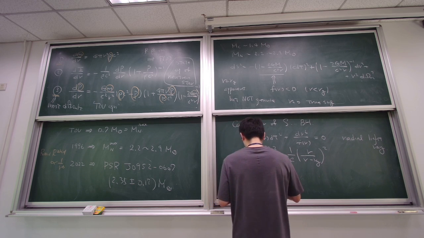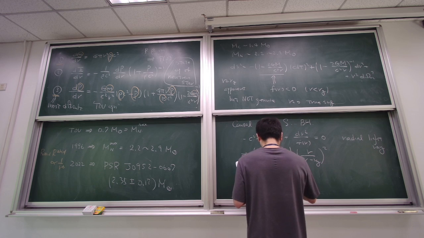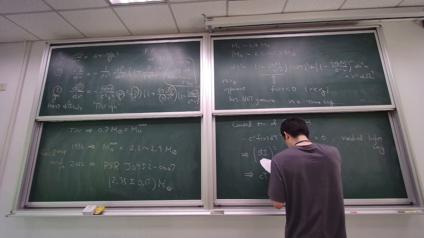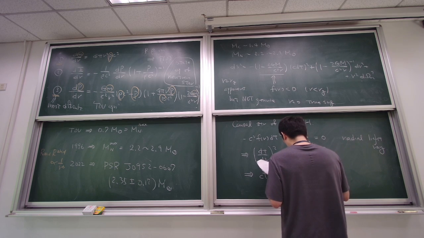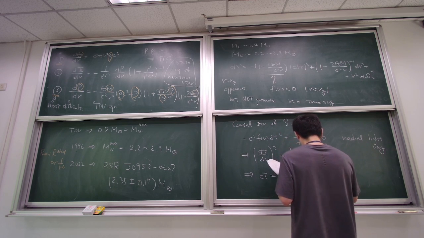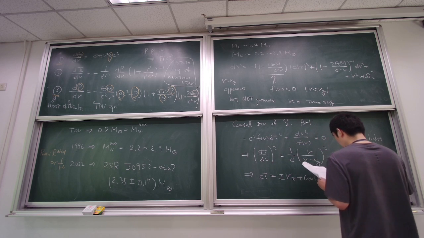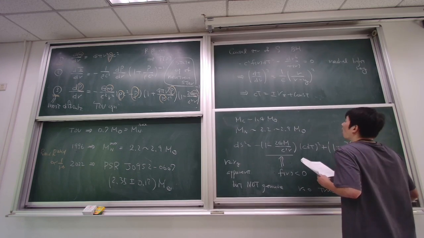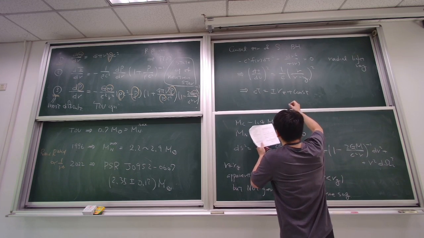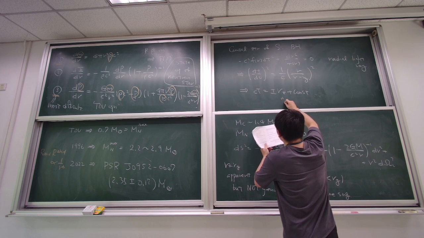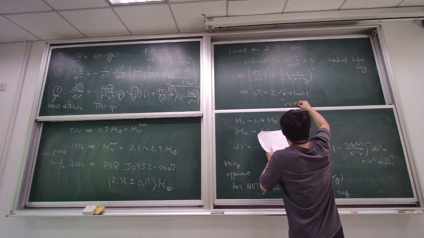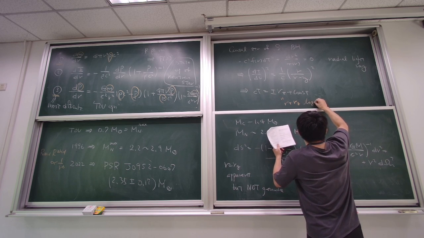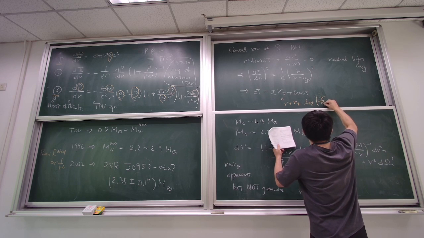ct is equal to plus minus r star plus constant, and this r star is indeed given by, maybe I should write down, r star is equal to r plus rg log of r over rg minus 1.